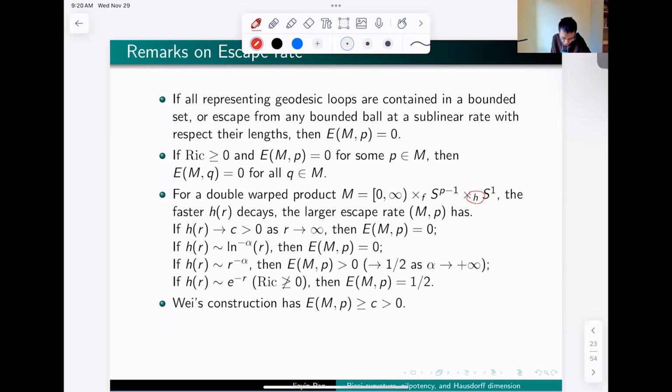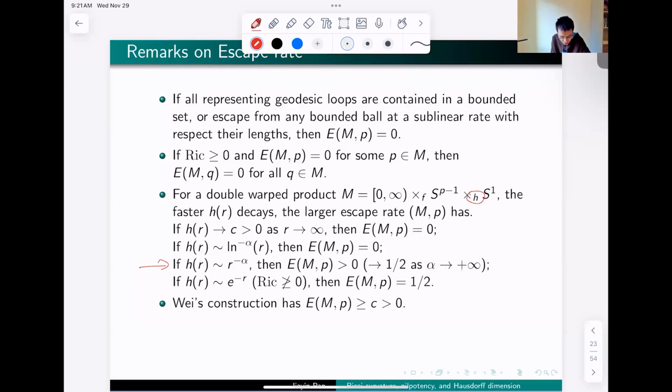So if the warping function here, h(r), decays to a positive constant, then the escape rate is zero. If it decays like a logarithm function, then the escape rate is also zero. If h(r) has polynomial decay, in particular this is the one with positive, big Hausdorff dimension, this will give you a positive escape rate.